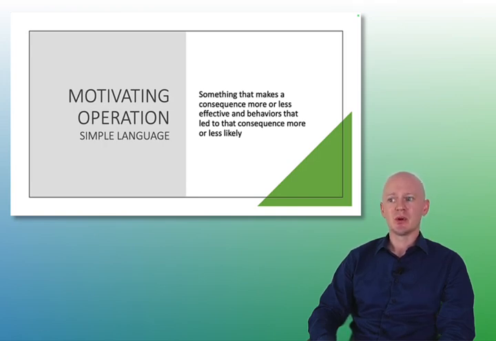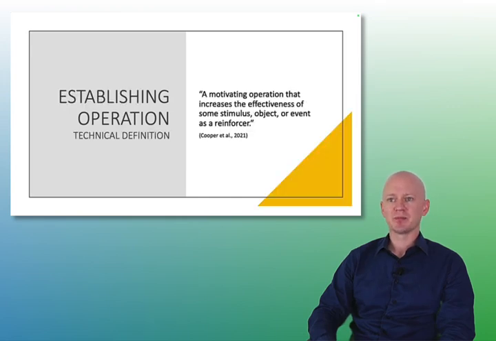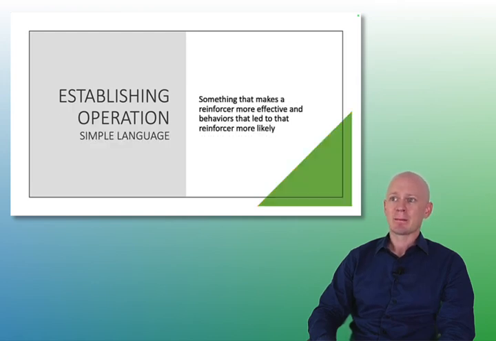We tend to talk about motivating operations in 2 different larger aspects. One is an establishing operation. An establishing operation technically is a motivating operation that increases the effectiveness of some stimulus, object, or event as a reinforcer.